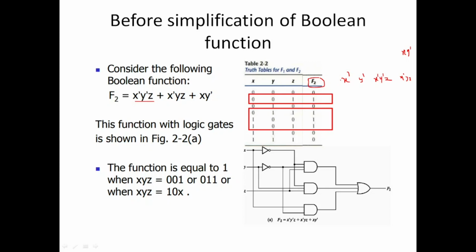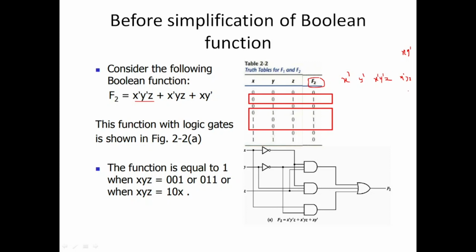So these three columns have to be ANDed so that we can find the column here. Then next is x y dash. Already x is here and y dash is here, so we perform the AND operation with respect to x and y dash.